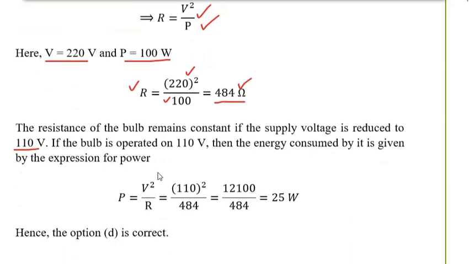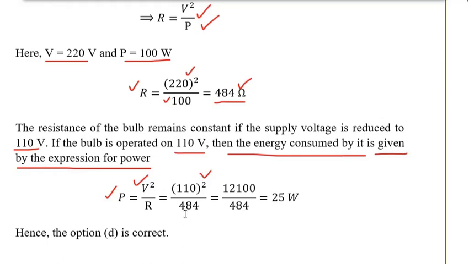If the bulb is operated on 110 volt, then the power consumed by it is given by the expression for power. We know that P equal to V square by R, and here V will be 110 to the power 2 and the value of R is 484. When we square this, the square of 11 is 121 and here 0 repeated 2 times.